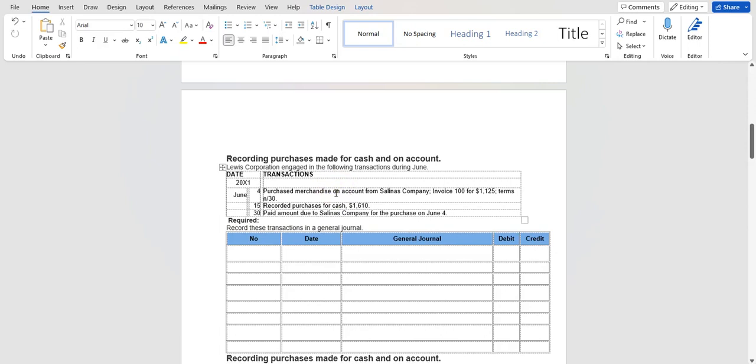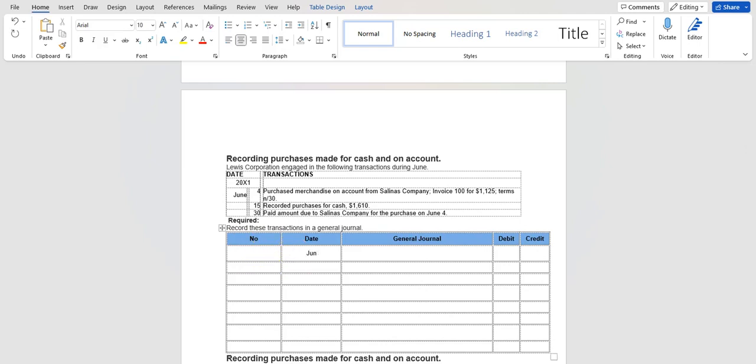So we purchased merchandise on account from Saling's company and they gave us invoice 100, and the invoice said it was for 1,125. The terms were net 30, right? And net 30 means that we pay the net within 30 days. The net of the invoice is due within 30 days. All right, so they didn't offer us a discount with this particular purchase. Okay, so we'll give it a date.